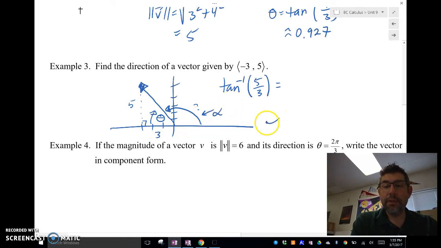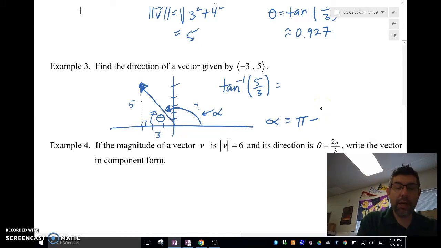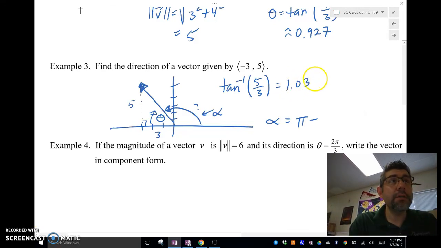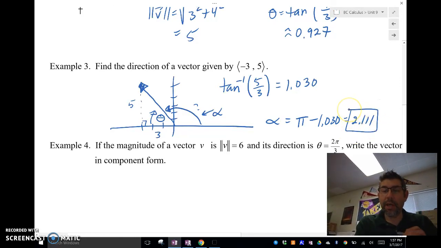All right. So alpha is going to be pi minus whatever I get for theta. So let me go ahead and do that in the calculator real quick, and I'll come right back. All right, so I get 1.030. So I'm going to do pi minus 1.030, which is going to give me 2.111. All right, so that's my angle.